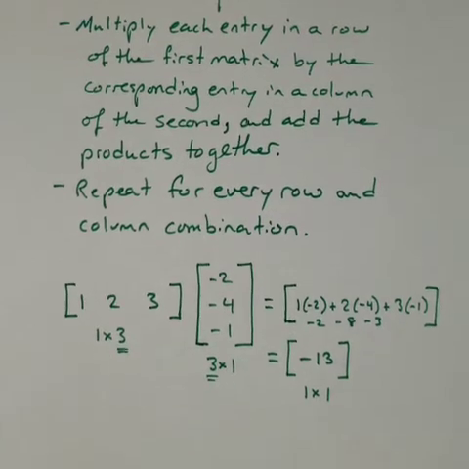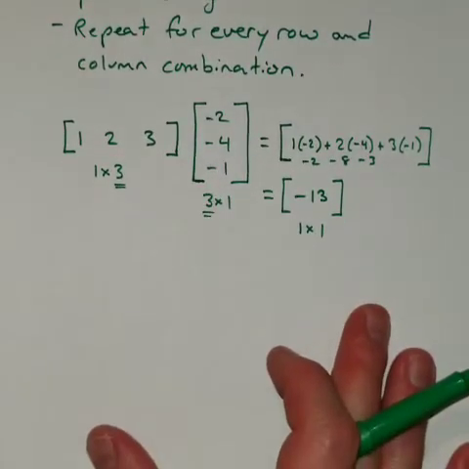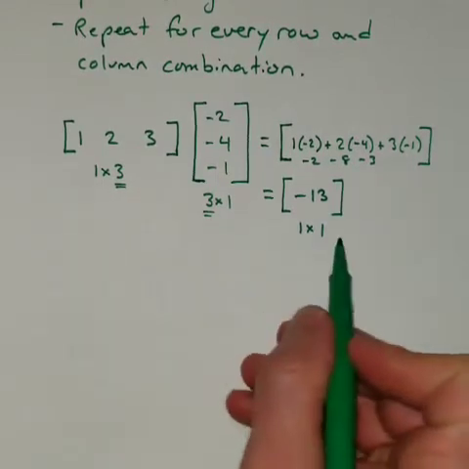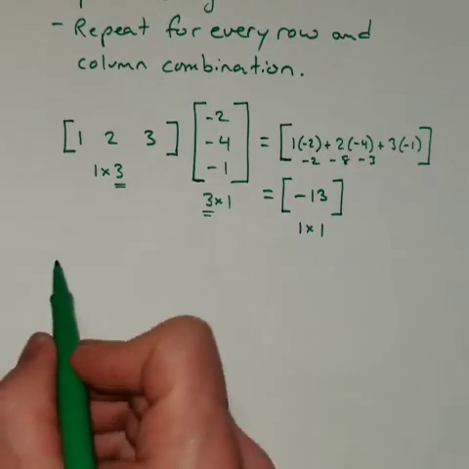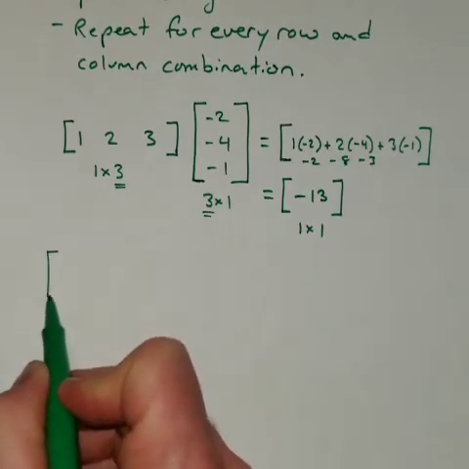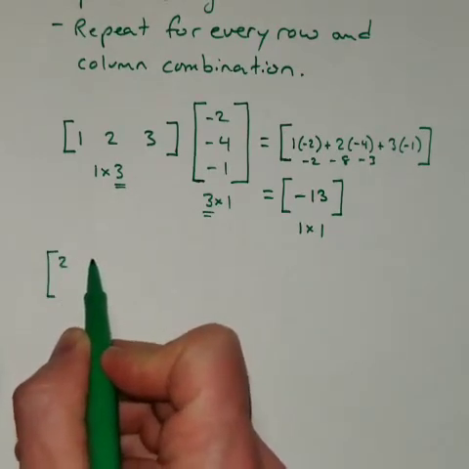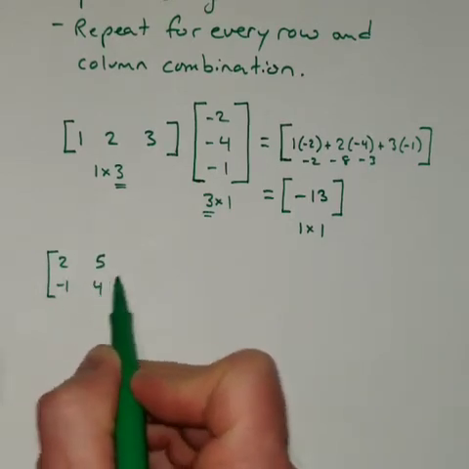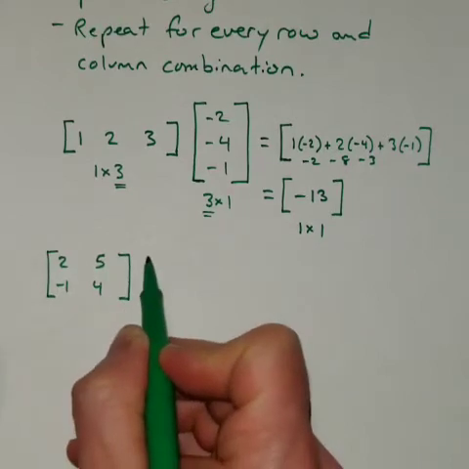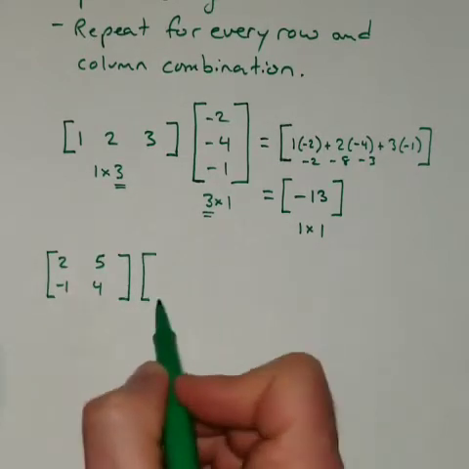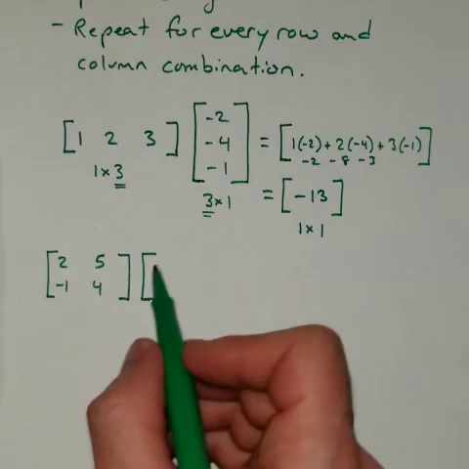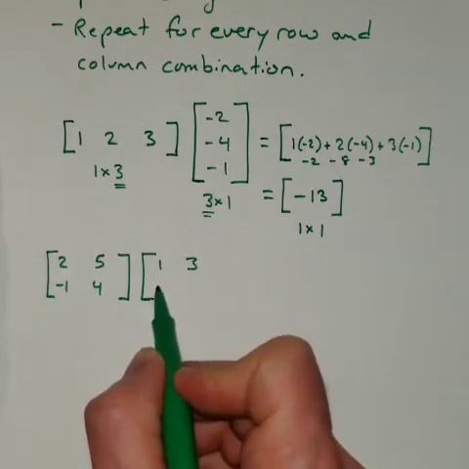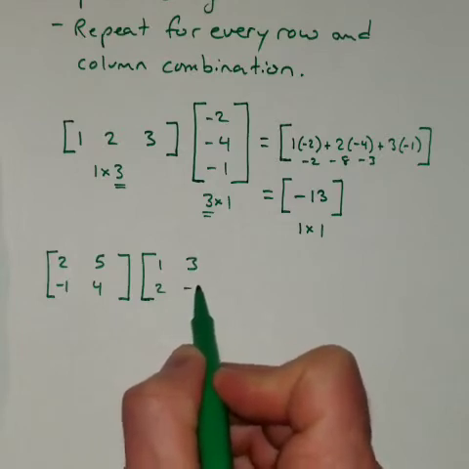Okay, so let's take an example that looks a little bit different, a little bit bigger. Maybe the final answer is going to be a little bit bigger. So something like, let's go with 2, 5, -1, and 4. And we'll multiply that. I'll do another, let's see, we'll do a 2 by 2 again. Let's do 1, 3, 2, and -2.